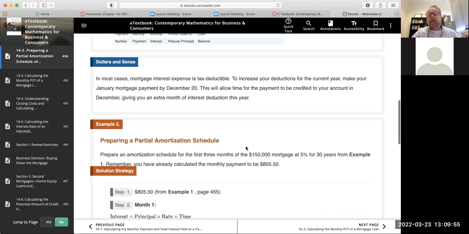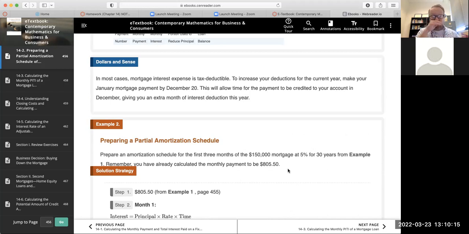Based off of the first problem that we looked at in example number 1 in section 14.1, if you remember, we did a $150,000 mortgage at 5% for 30 years. So we took the 150,000, divided it by 1,000, which gave us a factor of 150.